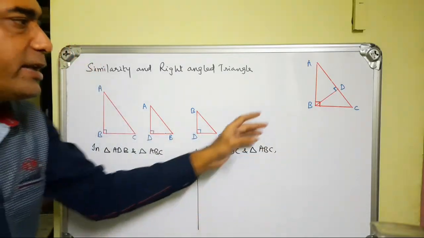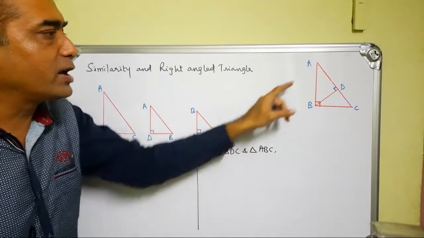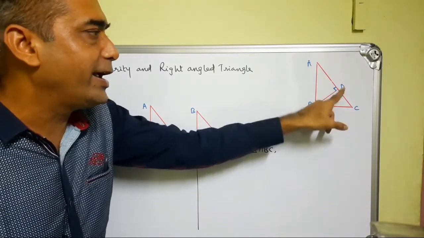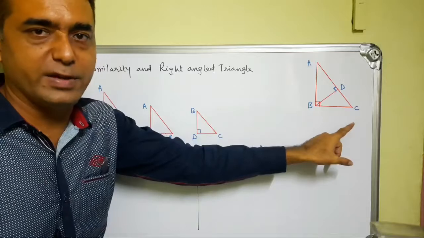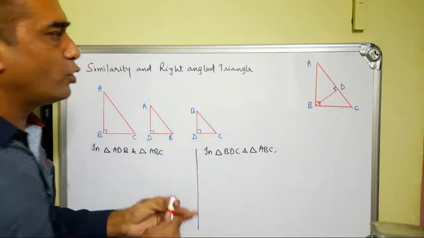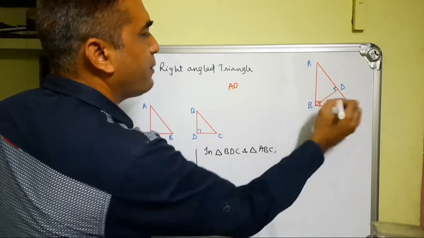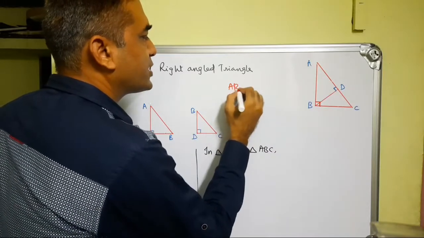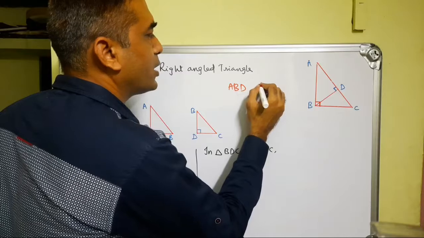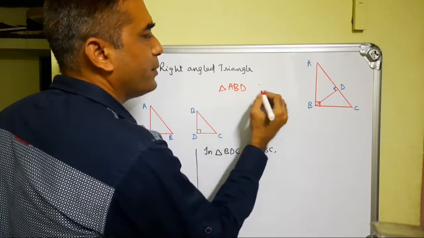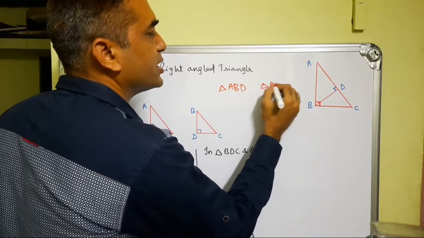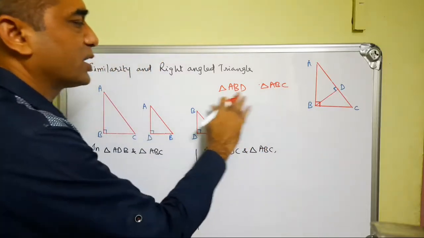Now what is the reason that we are saying, हम ऐसे क्यों बोल रहे हैं कि triangle ADB is similar to triangle ABC? हम ऐसा क्यों नहीं बोल रहे कि triangle ABD? Why can't we say that triangle ABC is similar to triangle ABD? ऐसा क्यों नहीं बोल सकते?